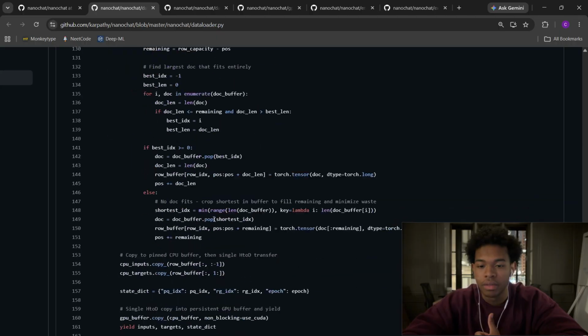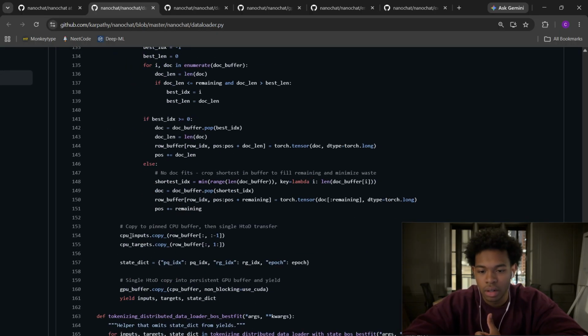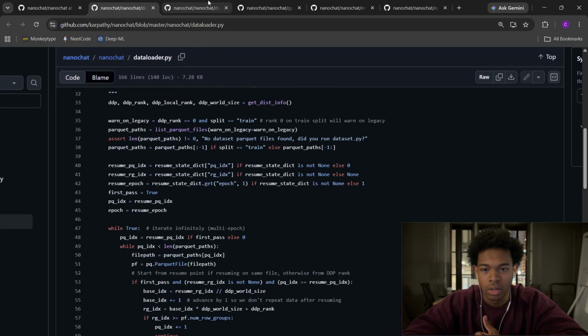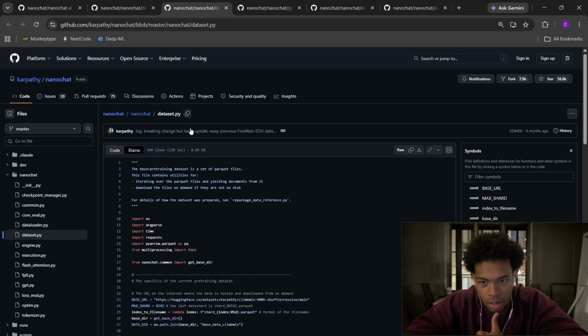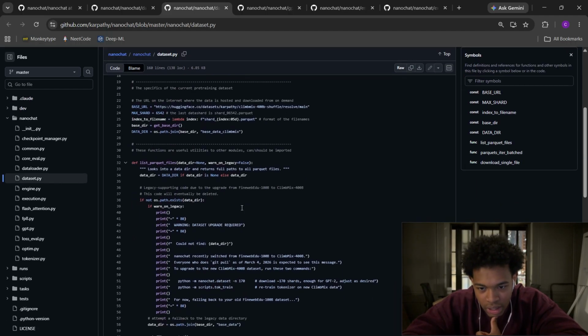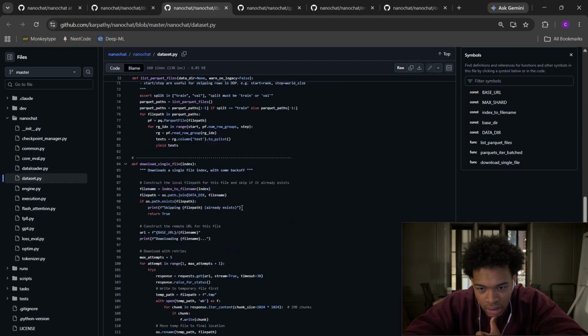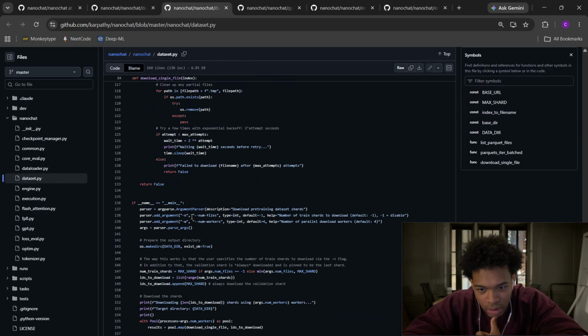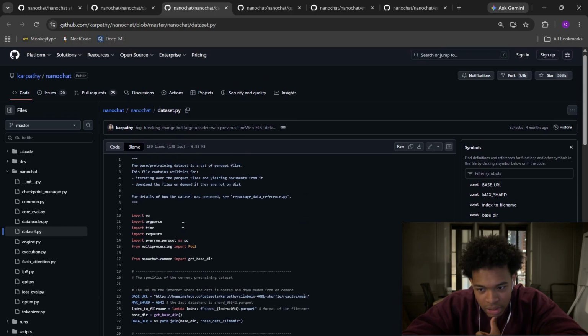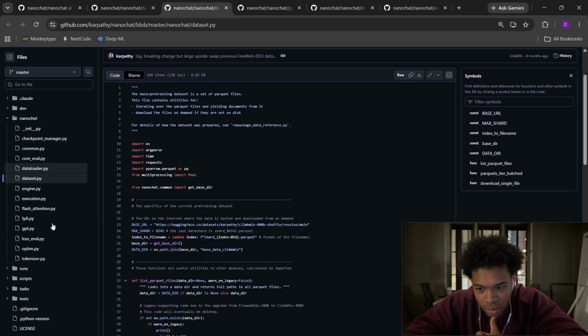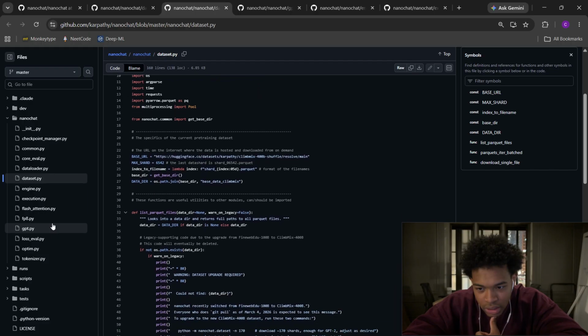If this is the data loader, I think that's good news. I'm not intimidated by it yet. Dataset. Dataset upgrade required. You must have a data folder that has your actual text.